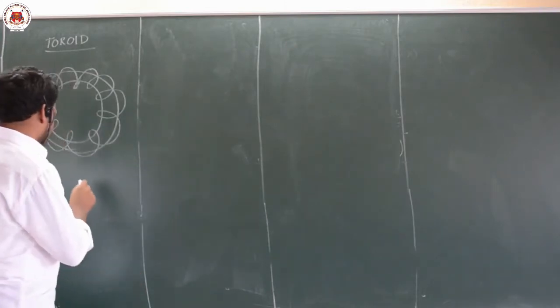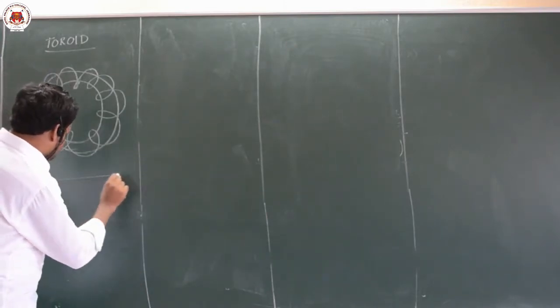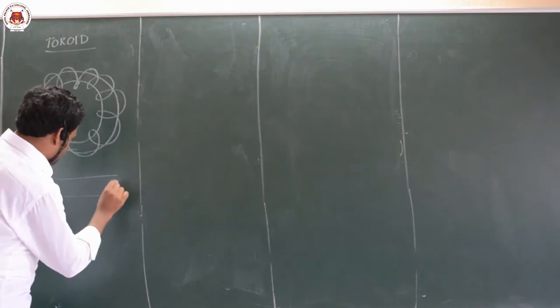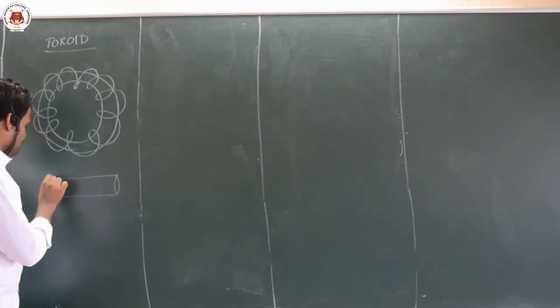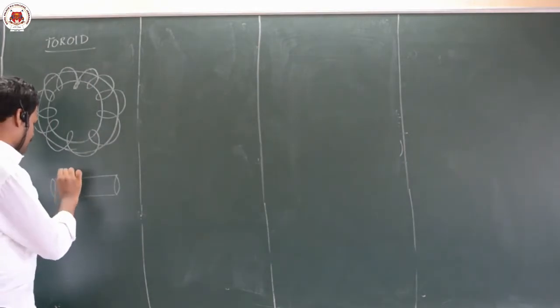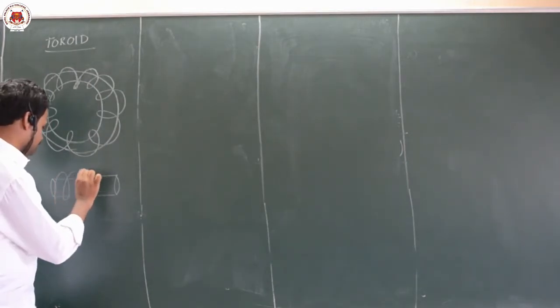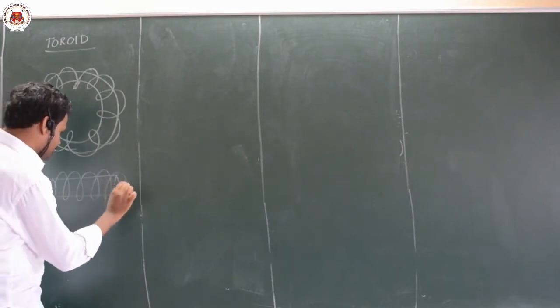That means for a solenoid, what we have done is we have taken a straight cylinder, and for this straight cylinder, we have wound a wire like this.